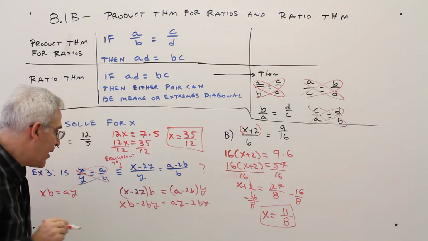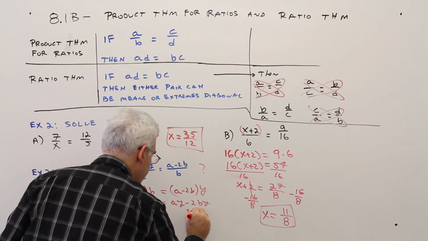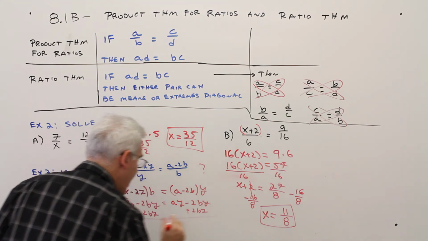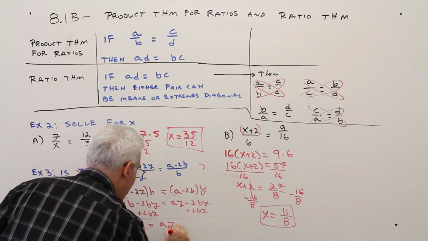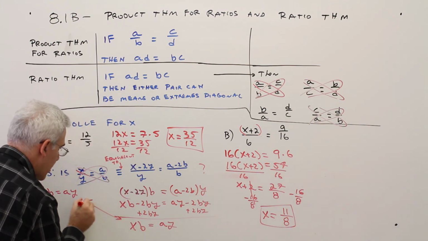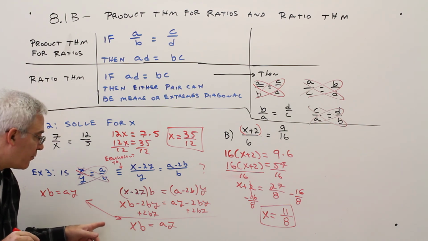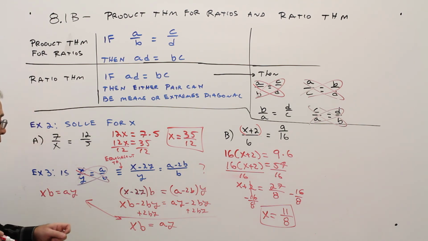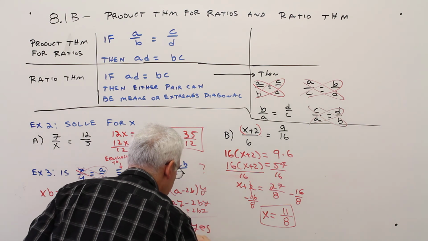Add the 2by to each side, and obtain xb equals ay. So since I get the same exact cross multiplication result, I can say that they are equivalent. So my answer would be yes, equivalent.